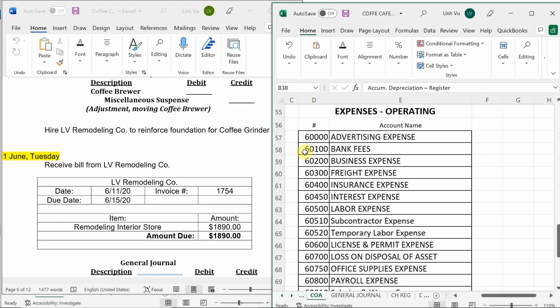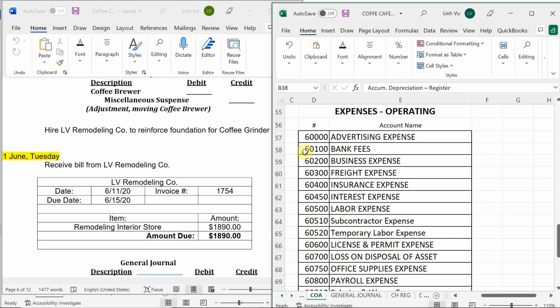It's not insurance, it's not interest. Labor expense. Could this be a subcontractor expense? You did hire them. And they did a job for you, for the company.